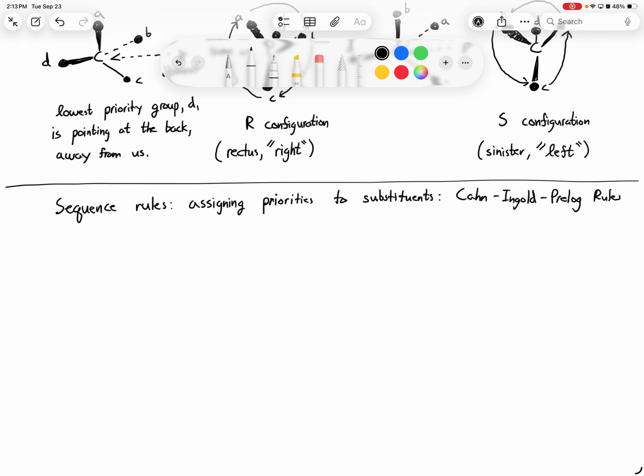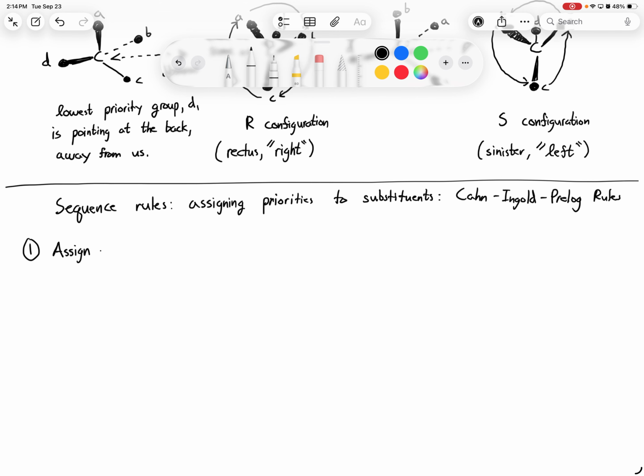So you're going to assign priorities based on decreasing atomic number. So the highest priority, highest atomic number. Lowest priority, the lowest atomic number. Okay. So rule number one: assign. In the lab manual, what we did last week, the rules are very detailed here. I'm basically going to summarize it, so it's very brief and succinct.